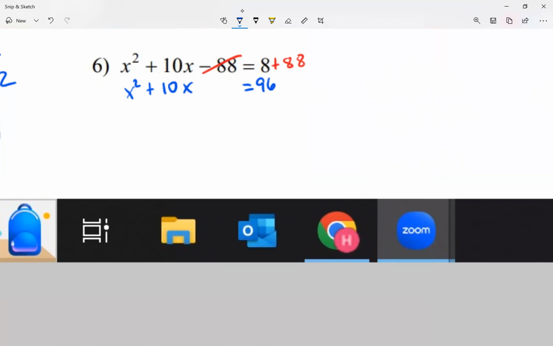My leading coefficient, the number at the very front, is 1, so I'm good. I have x squared plus 10x. So what's the half of 10? Let me think. 5, positive 5. I'm even going to write it because I know I'm going to use that value. 5. Now what's 5 squared? 25. So that means I have to add 25 to both sides.